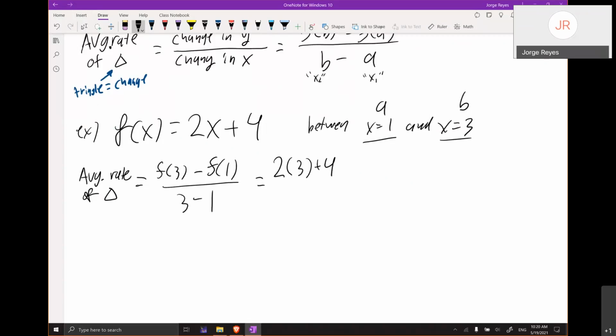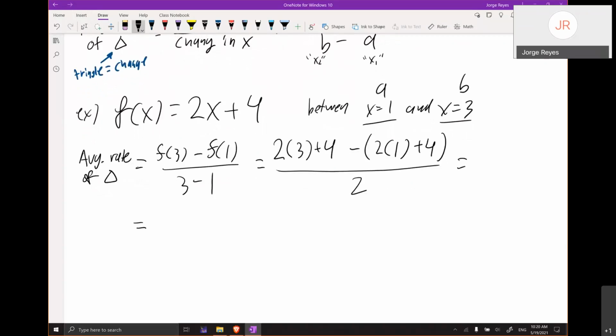Minus, I'm going to put parentheses, plus 4, all over 3 minus 1, which is 2. Continue on. So 6 plus 4 minus 2 plus, well, minus 4. 2 minus 4, those can cancel, and you're going to get 4 divided by 2, and you're going to get 2.